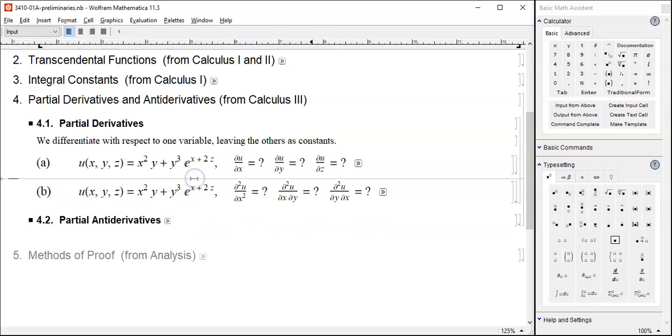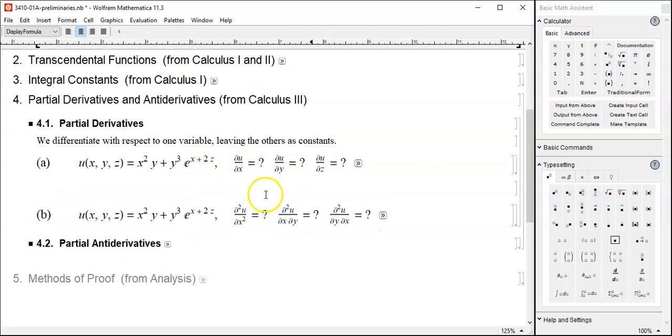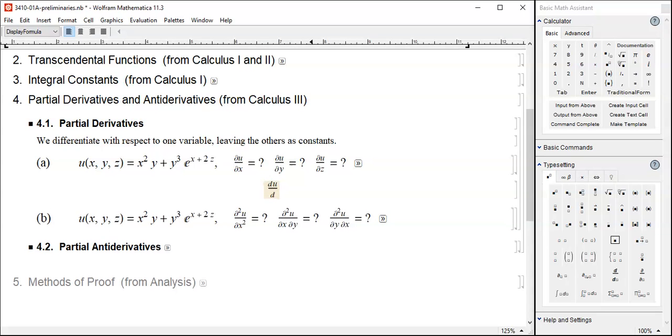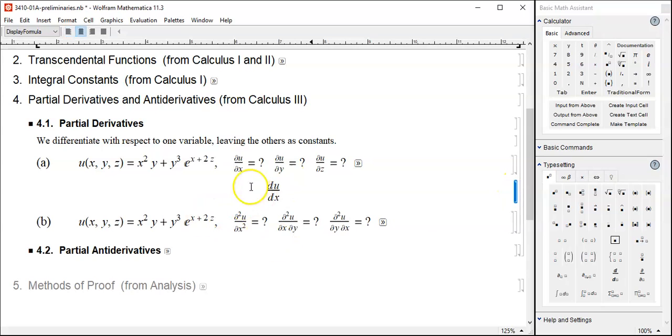And how do we denote partial derivatives? Well, the total derivative, the usual derivative, we write kind of like this, du dx with d. Let me expand the font a bit further. This kind of thing is a derivative if you have u prime of x.